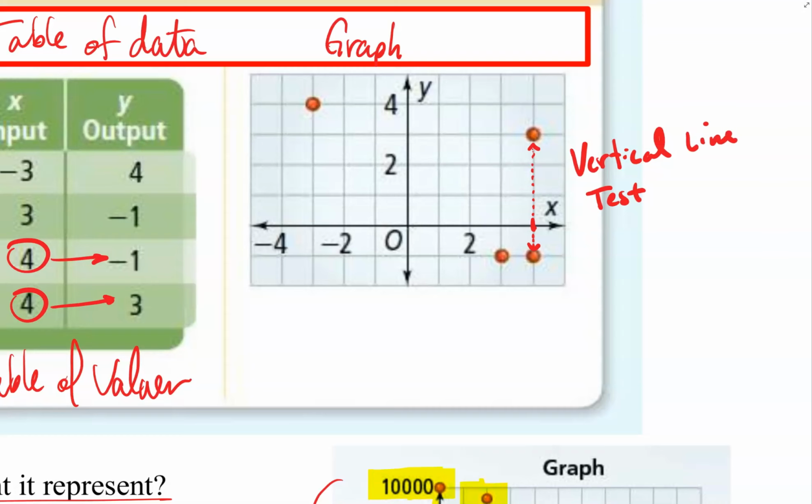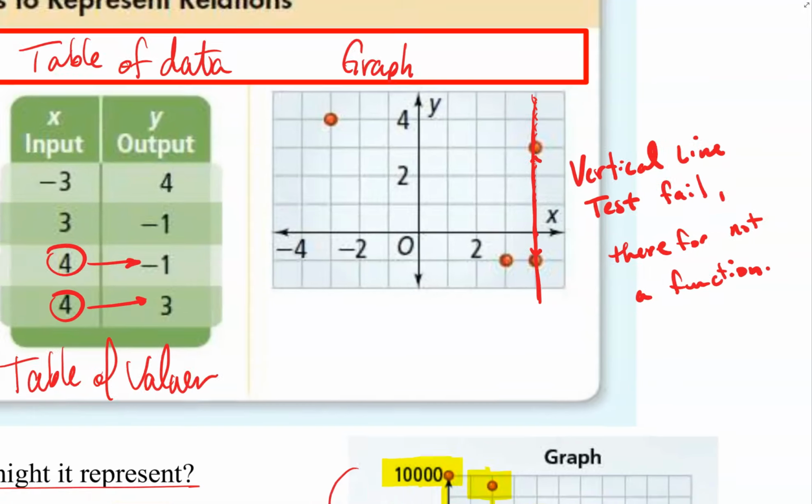If you have a graph for which you can draw a vertical line through 2 data points on your graph, then that means that your relation is not a function. So because of this, I might say that this is a vertical line test fail. Therefore, this is not a function. It's still a relation, of course, but it is no longer a special relation that we would call a function.